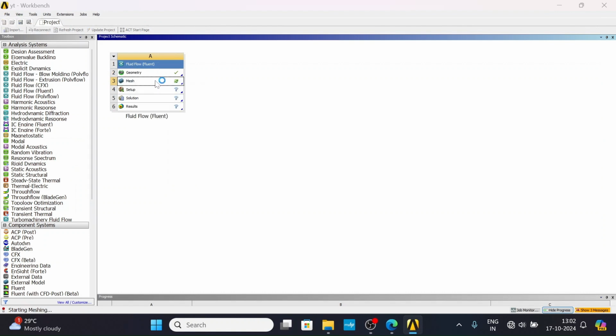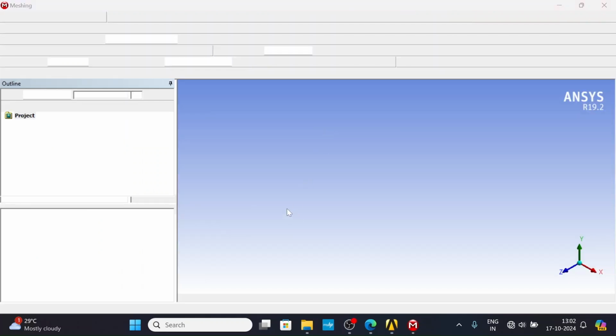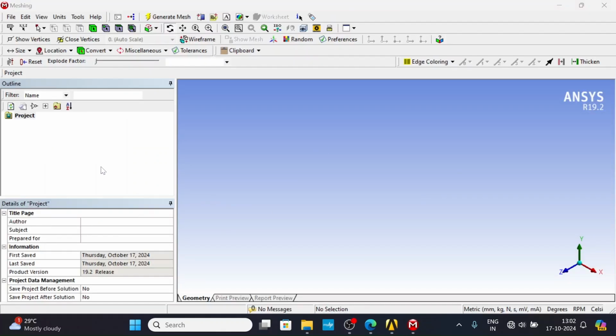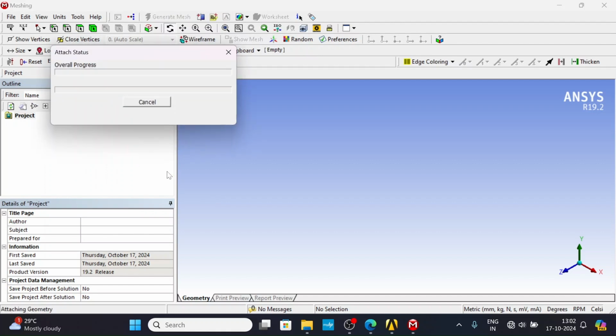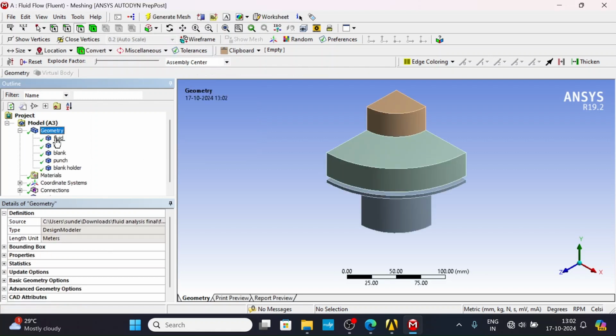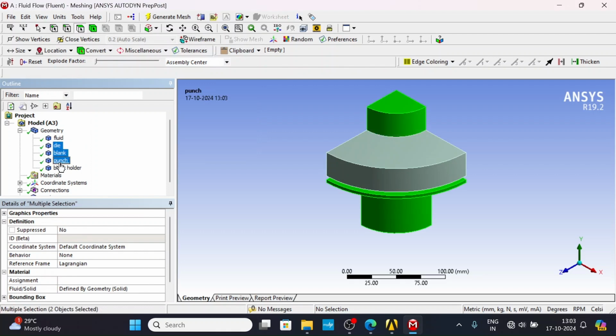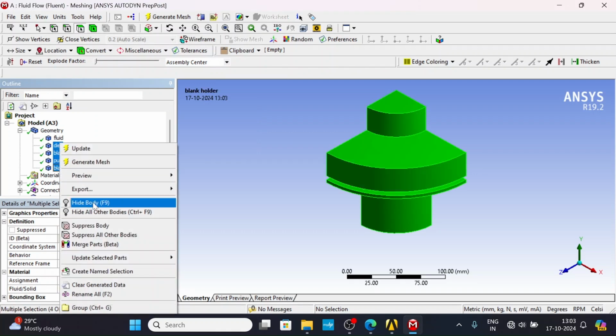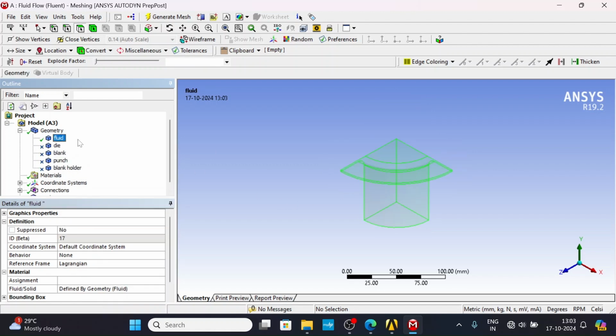So now under mesh, first I just suppress these solid structures because we only want to perform fluid analysis in this fluid geometry.